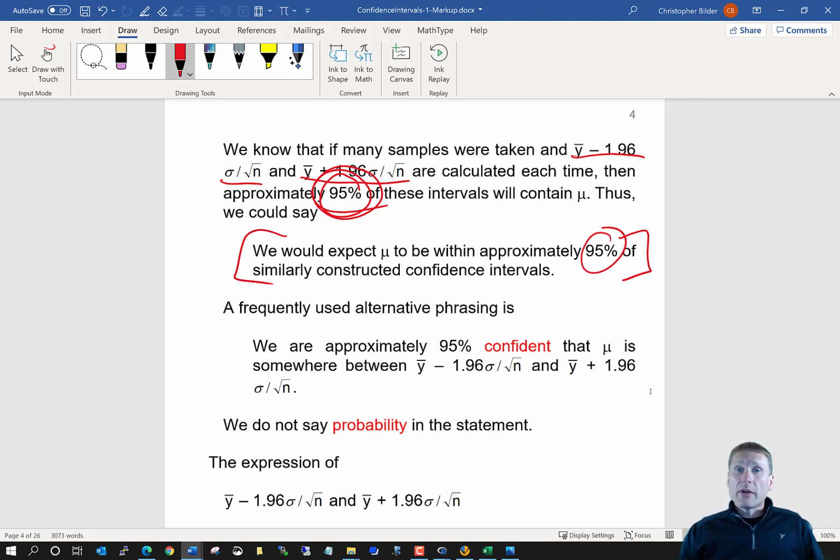Now, a more frequently used phrasing of what is represented there is as follows. We are approximately 95% confident that mu is somewhere between what I observe, my y bar minus 1.96 times sigma divided by the square root of n, and that same thing, but now I put a plus sign in there, somewhere between these two values.